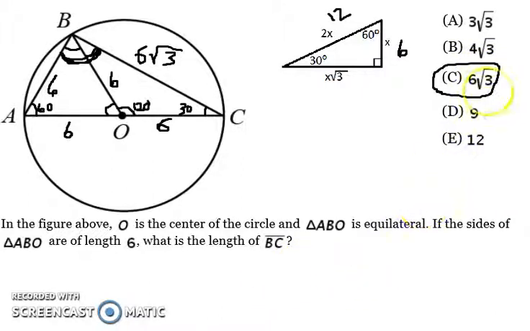So don't just guess one of these just because it has a square root of 3 on it, but really run through the calculations and use these formulas that they give you in the front of every math section. Use them. They're there for you to help you, so let them help you.